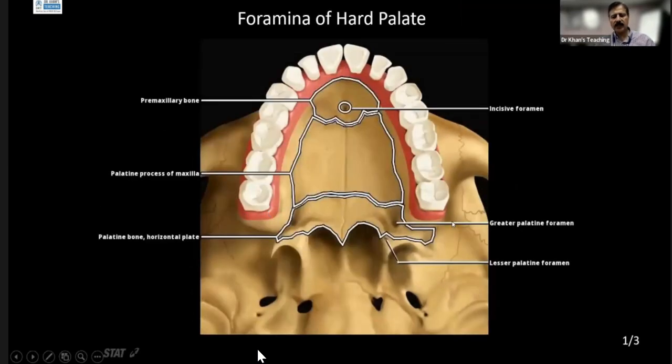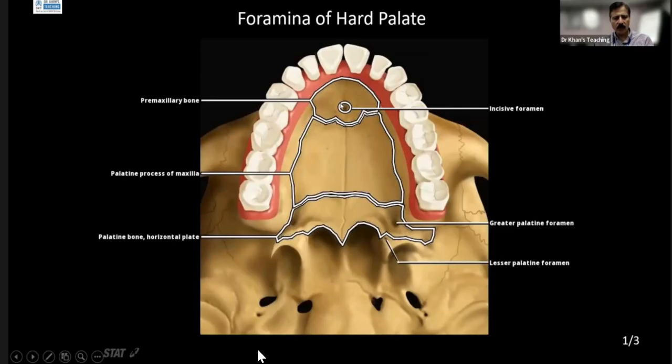Just like in the mandible, where we have just seen 2 foramina, the mandibular foramen as well as the mental foramen, here in the maxilla there are also foramina, and these can be asked in your part 1 anatomy exam.